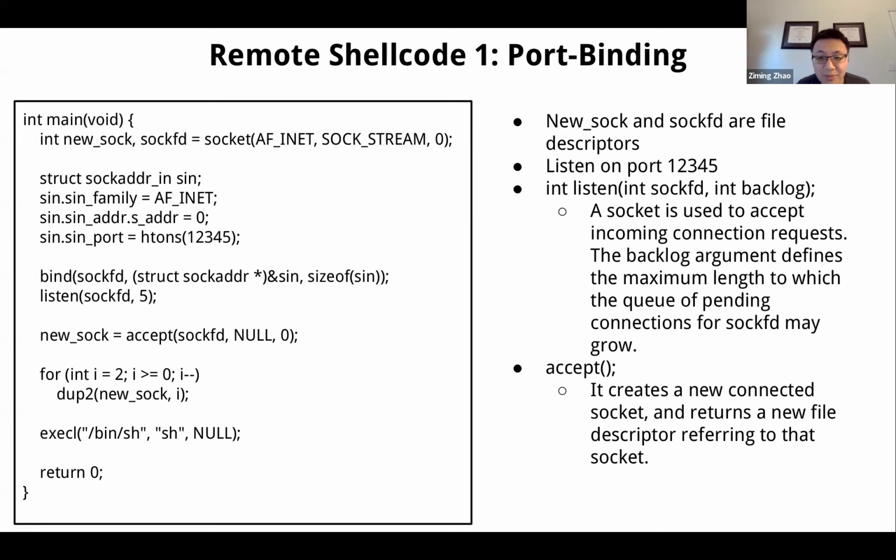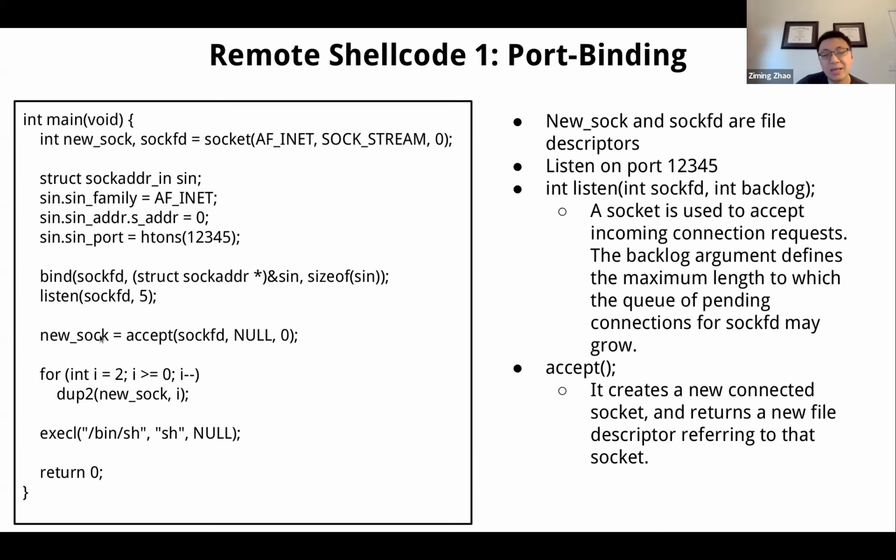This accept function will create a new connected socket identified with a file descriptor and return that file descriptor. That's why we created the new sock at the beginning. If there is an incoming TCP request, we will create a new socket, and that new socket will have the new sock file descriptor.